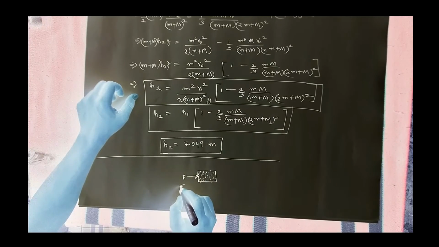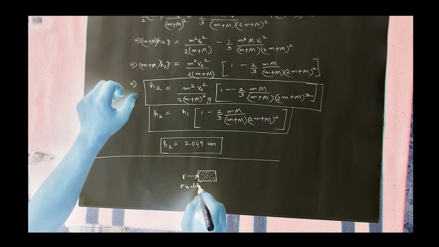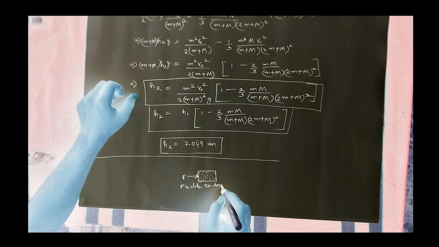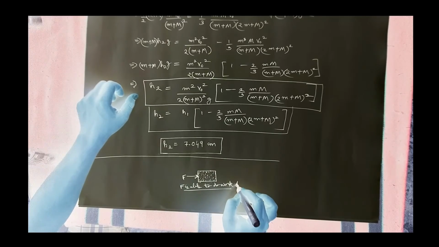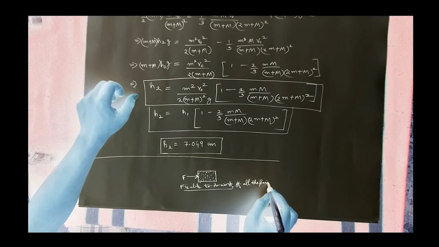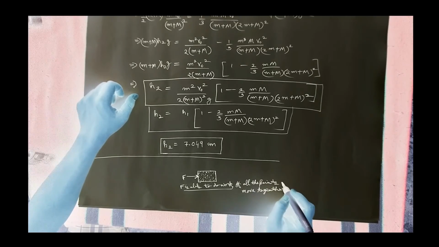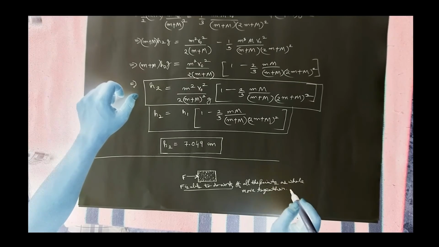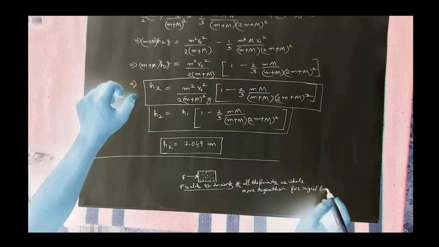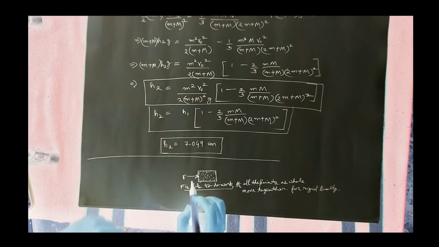Then I can say that my force F is able to do work if all the points move together, that is, all the points as a whole move together, for a rigid body. So this is how contact forces work.